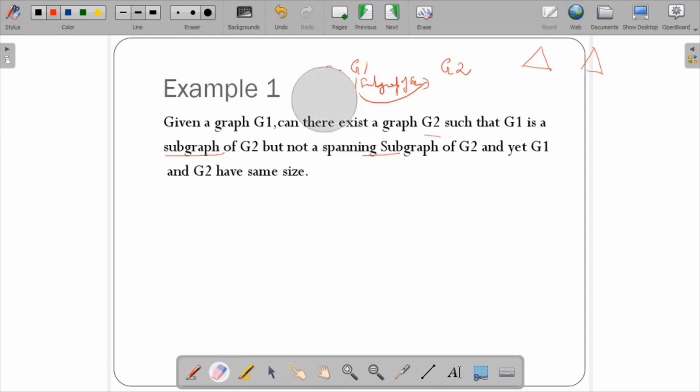So let us write it in terms of statements.